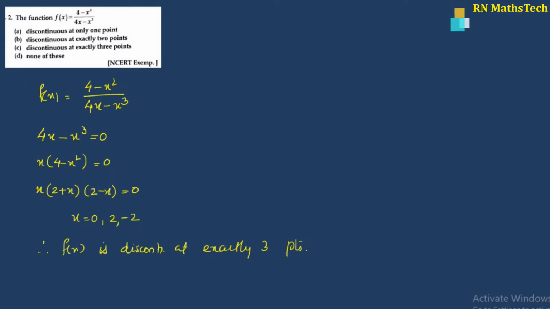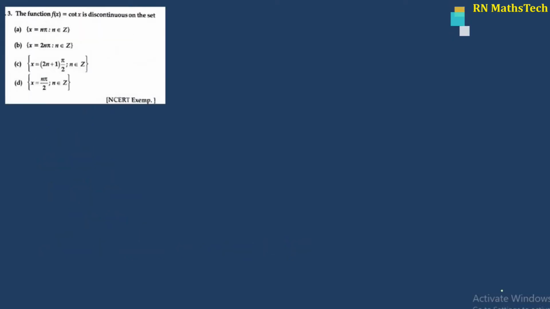Okay. Next one, the function f of x is equal to cot x. This cot x is cos x by sin x. Now sin x is equal to 0.